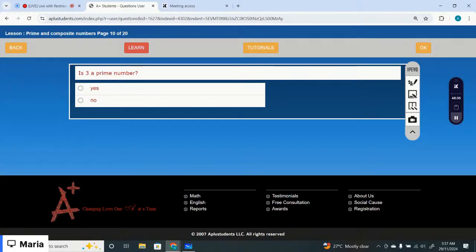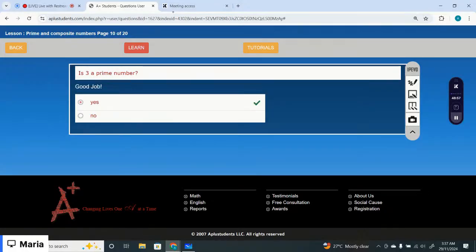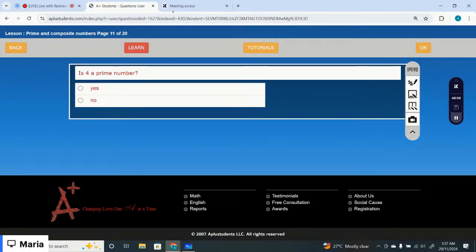Is 3 a prime number? Yes, 3 is a prime number. Is 4 a prime number?